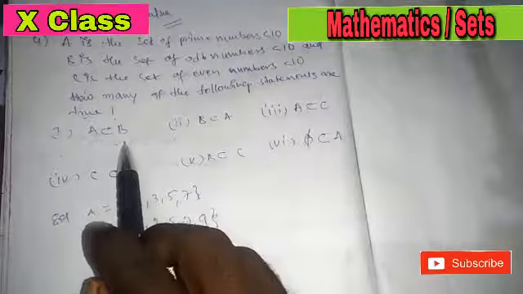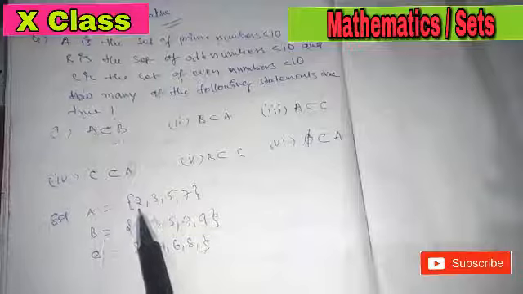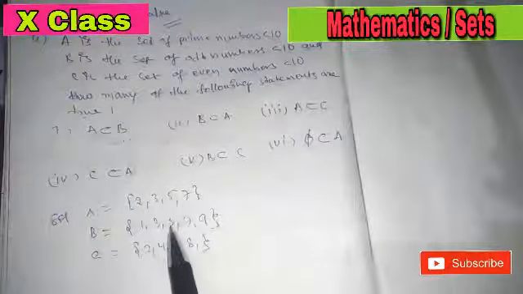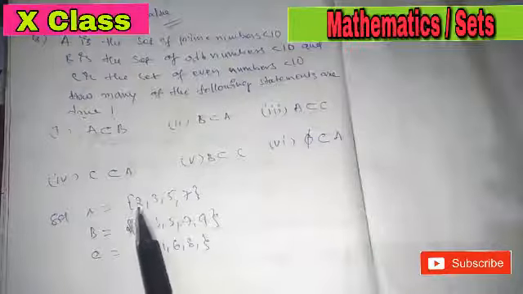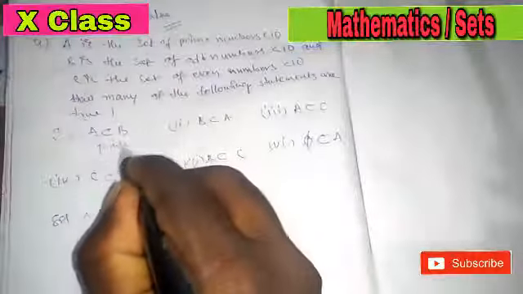So, is A a subset of B? No. Why? Because 3, 5, 7 are present in B also, but 2 is not present in B. So it is false.